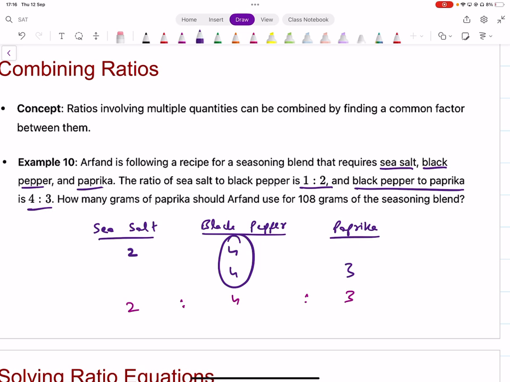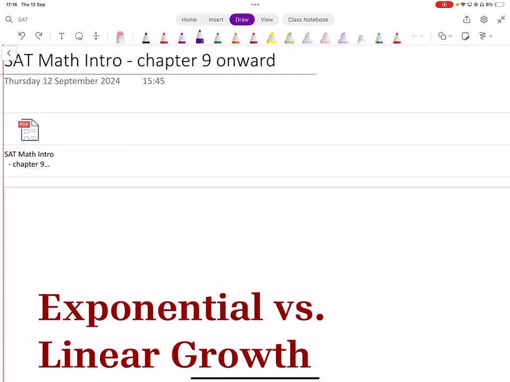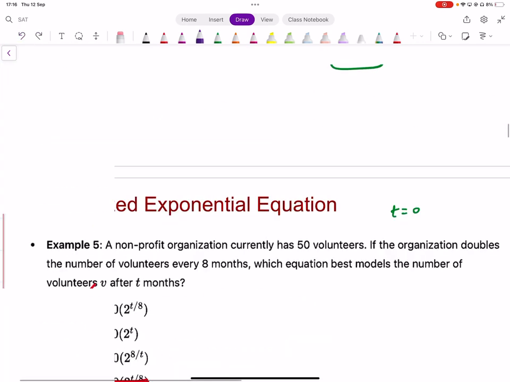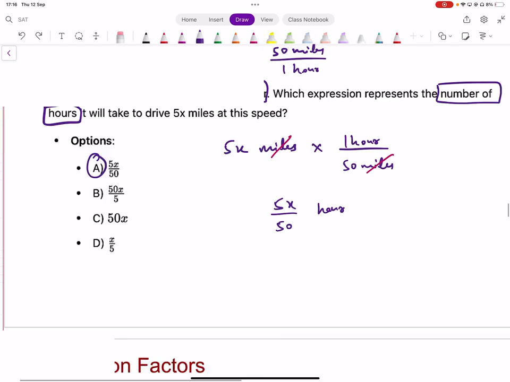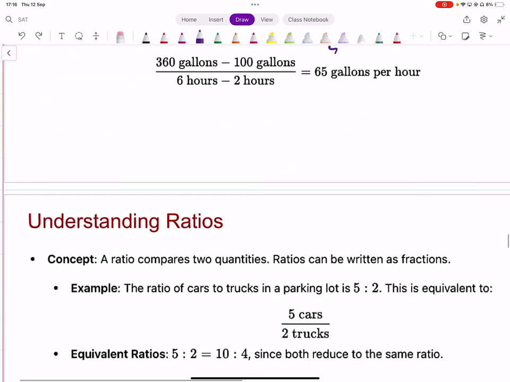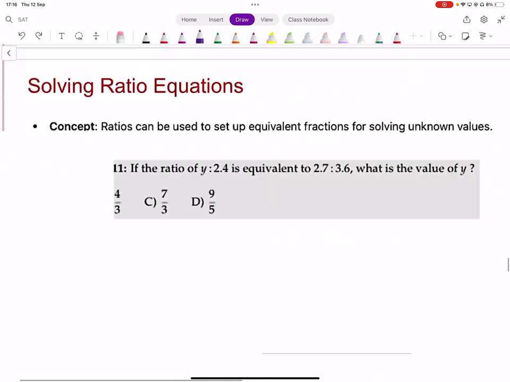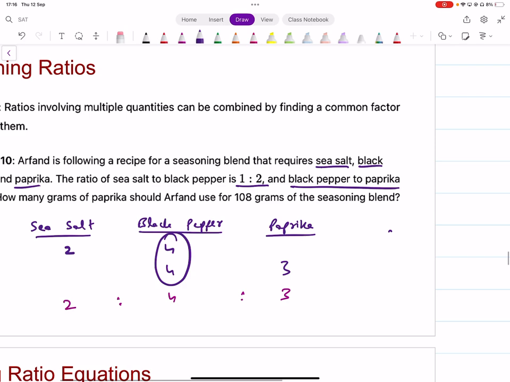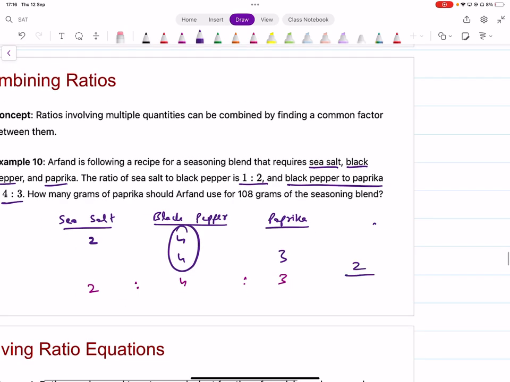Now, once we have this ratio, if the total amount is 108 grams, how many grams of paprika should be used there? It's just 2 plus 4 plus 3, which is 9 multiplied by 108.